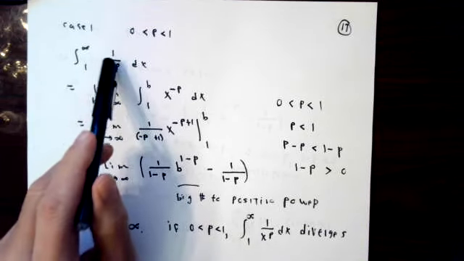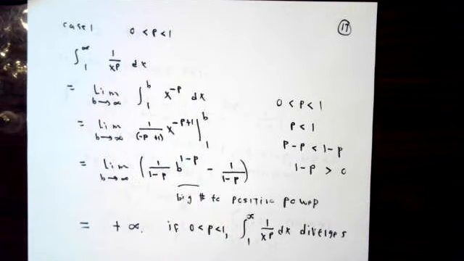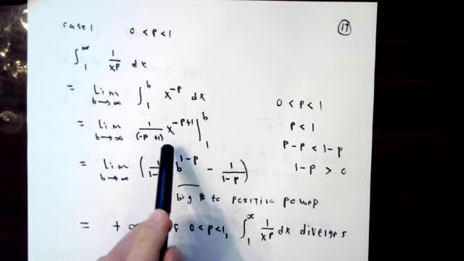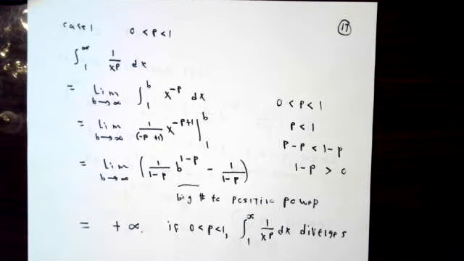When I want to calculate this integral, as always, we turn it into a limit of ordinary integrals. 1 over x to the p power is x raised to the negative p power. When you do the antiderivative, you must increase the power by 1. So the new power will be negative p with 1 added to it, which we'll write as 1 minus p in a moment so it doesn't look so strange.